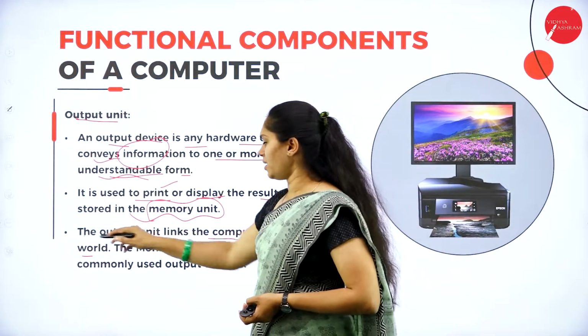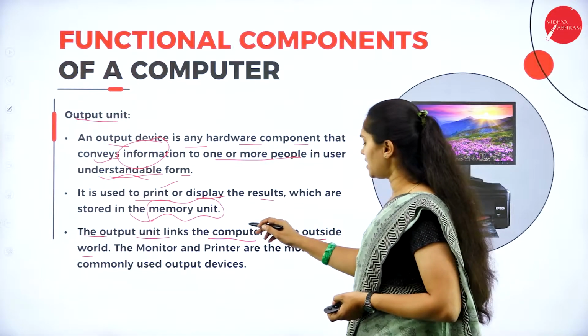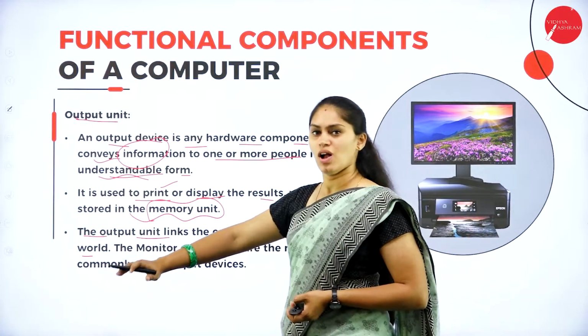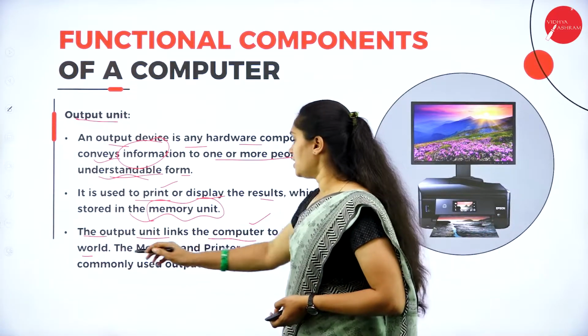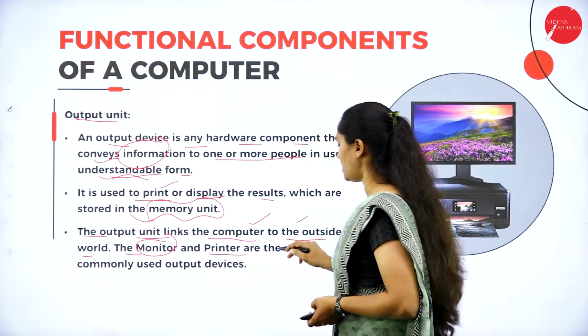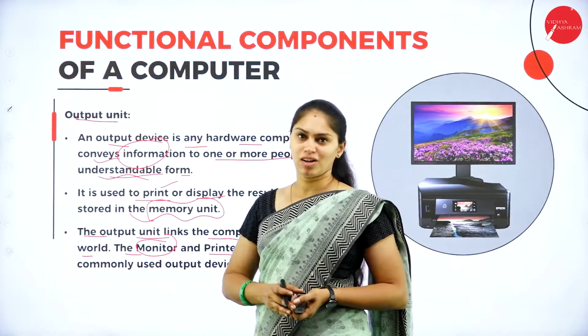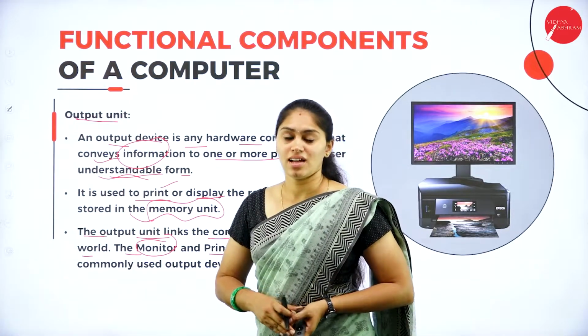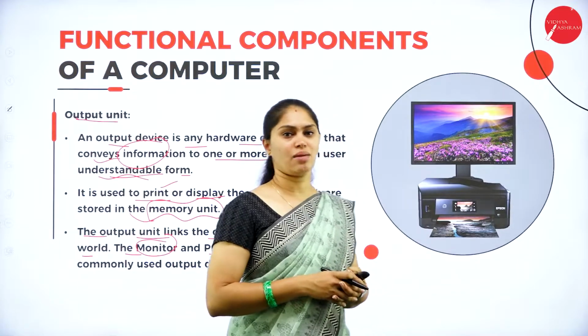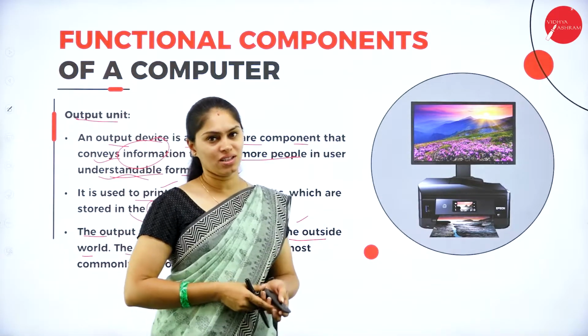So the output unit links the computer to the outer world. The monitor and printer are considered the most commonly used output devices. Along with that, we can also have speaker and projector. All these are examples that come under the category of output devices.